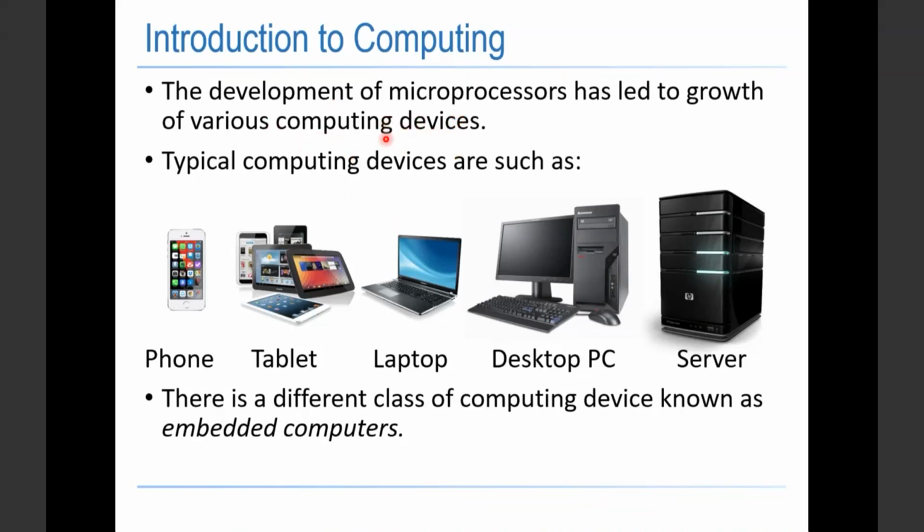Typical computing devices are phones, tablets, laptops, desktops, and servers. All of these computing devices have a processor inside, either an Intel processor, AMD processor, Snapdragon processor, or Qualcomm processor, depending on the manufacturer.